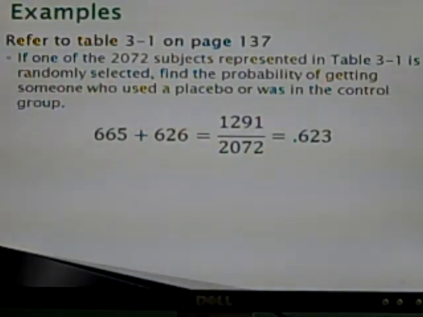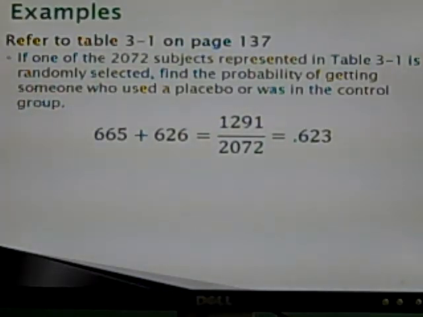Now you'll notice I turned this into a decimal, and when we start getting into the addition rule, multiplication rule, and deeper probability, they're going to express them as decimals because they're a little bit more meaningful. I can turn this decimal, 0.623, into a percent, and it makes it a little more meaningful to say that 62% of these people surveyed were in the placebo group or the control group.